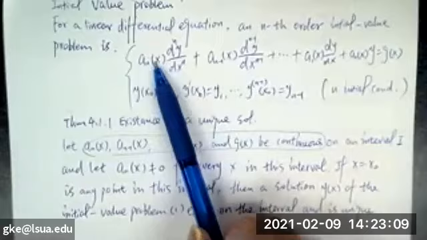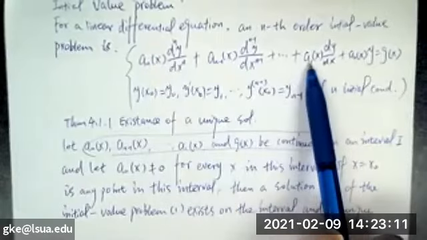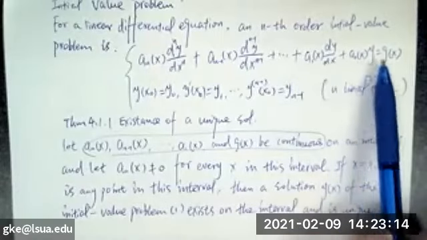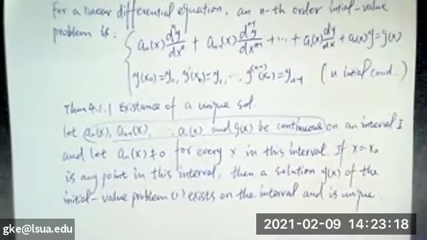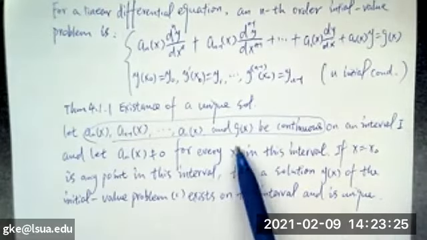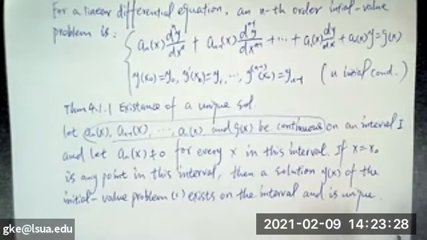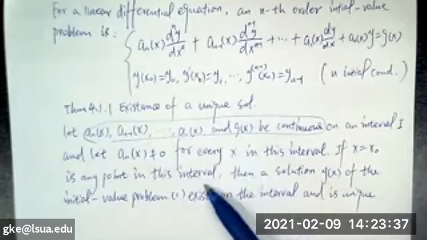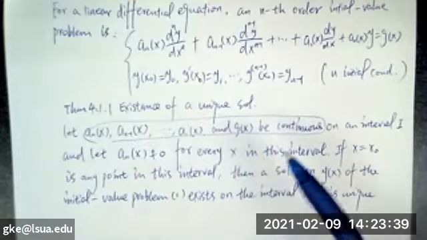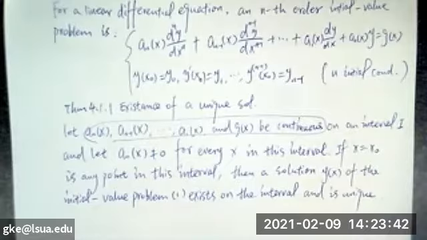So a_{n-1}, a1, a0, g(x), all the coefficients should be continuous. There's no singularity between these functions. Or you can say we can draw a curve for each function, and the curve is smooth. That means continuous.